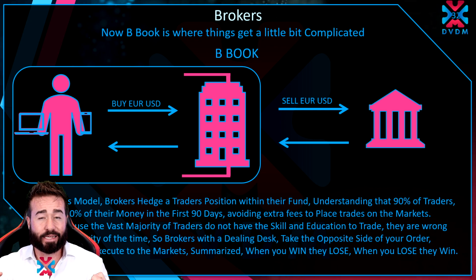The statistics I'm underquoting, but most people are going to lose more than 90% of their account in the first 90 days. Regardless, they can win a trade, whatever the case may be, but generally speaking, most people who enter the FX markets are going to lose more than 90% of their money in the first 90 days. So they understand that.